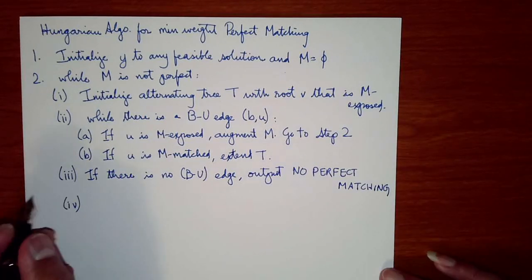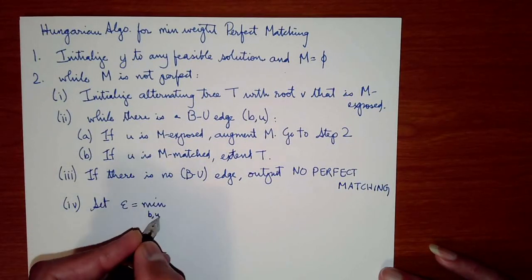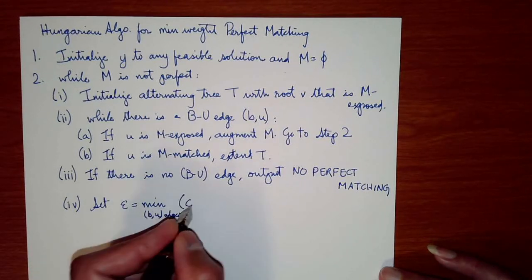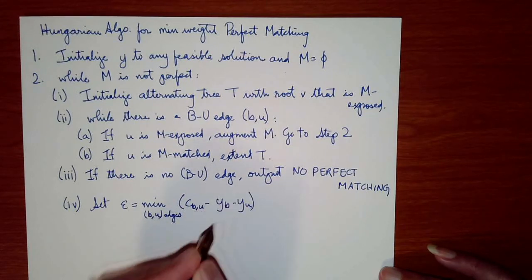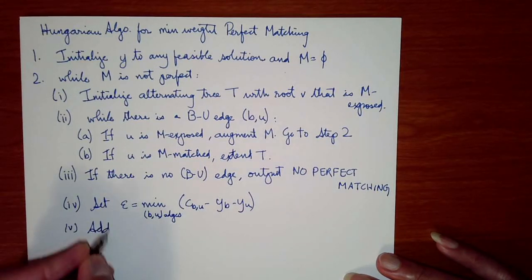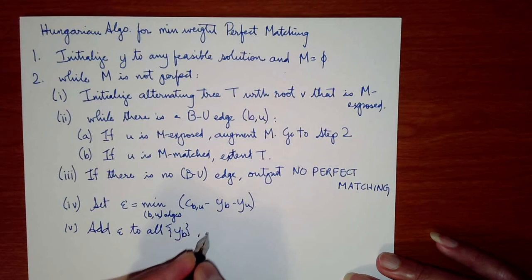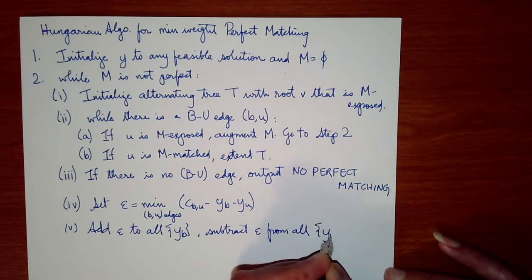Otherwise, we just set epsilon to be the min over all BU edges of CBU minus YB minus YU, and then we add epsilon to all YB, subtract epsilon from all Y red.